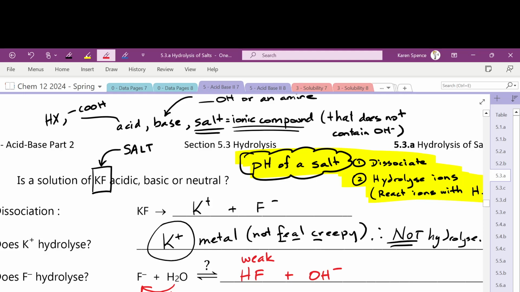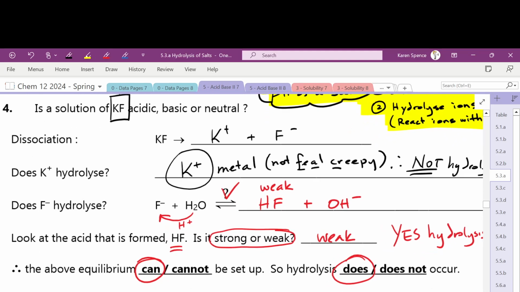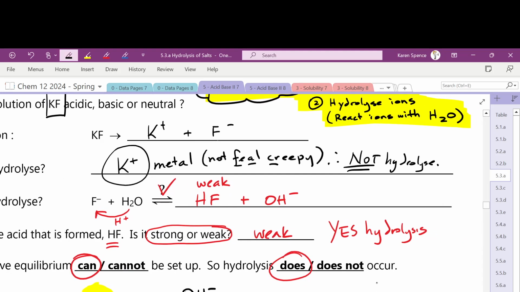So the above equilibrium can be set up. So hydrolysis does occur. And then you say to yourself, did we produce hydronium or did we produce hydroxide? We produced hydroxide. OH minus is produced, therefore the solution is basic.